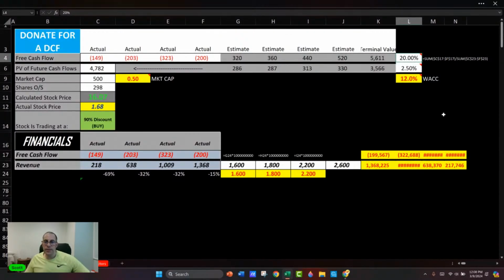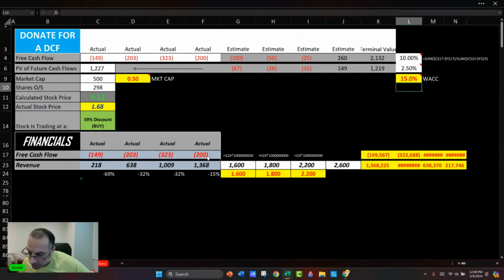That's probably too high of an estimate. Okay, this is a kind of tough one, but I'm at $4.12. They're trading at $1.68. That's assuming they become profitable, which they haven't done yet.